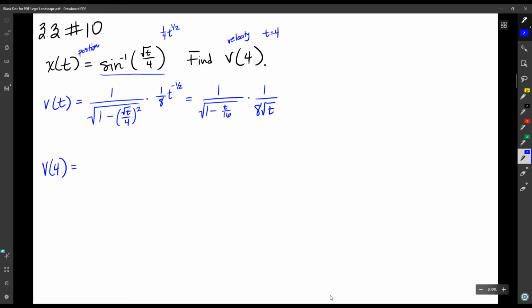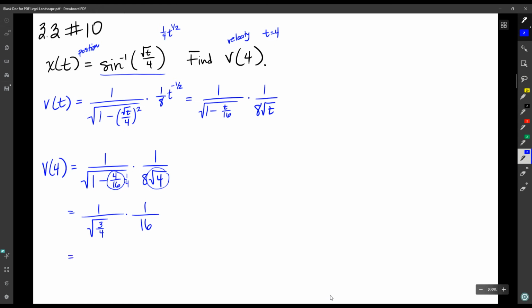But I want to do this a couple different ways just to get an idea of another way to simplify this derivative. We can start here, like I said, with 1 over a square root of 1 minus a 4 over 16 times a 1 over 8 root 4. And this will simplify down for us into a 1 over a root 1 minus 4/16. Since 4/16 is 1/4, 1 minus 1/4 is 3/4. So we have a square root of a 3/4 here, and then times a 1 over an 8 times, since the root 4 is a 2, I'm going to call this 1 over 16.